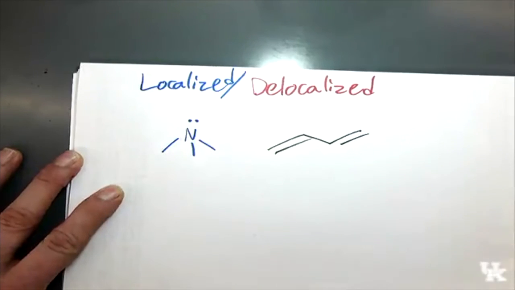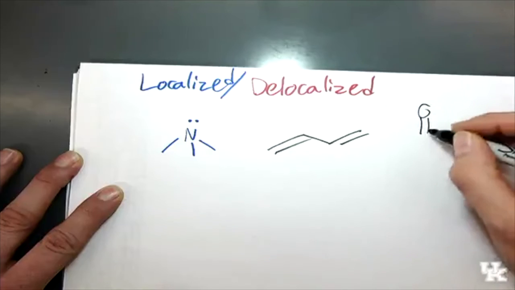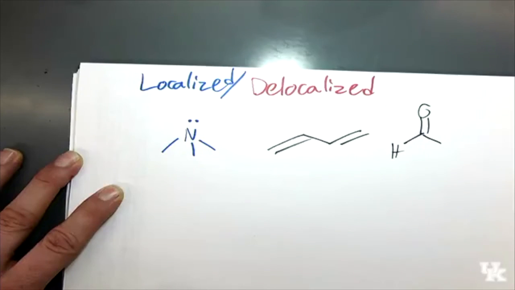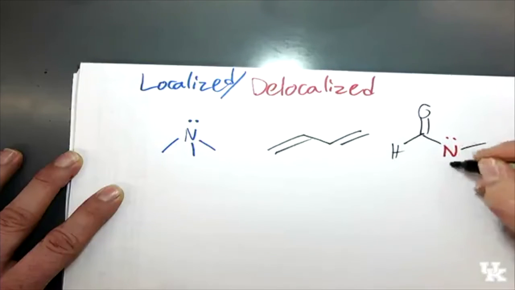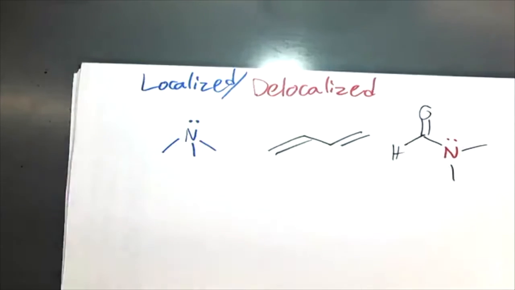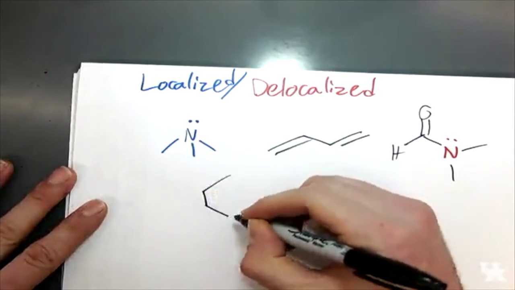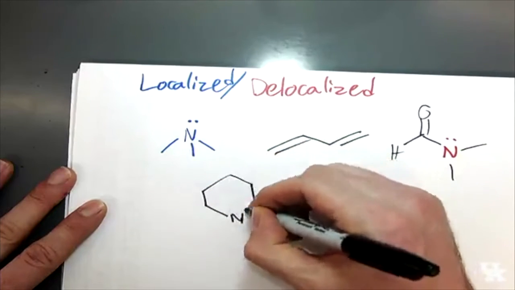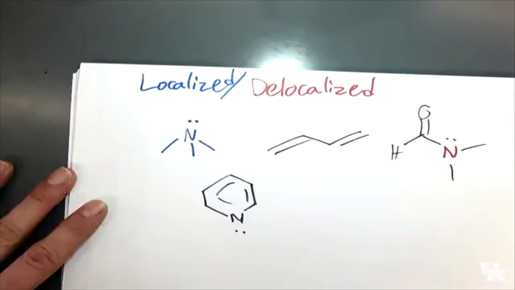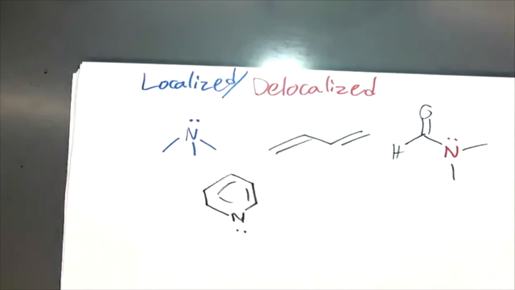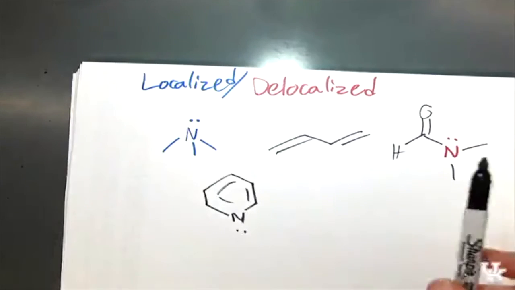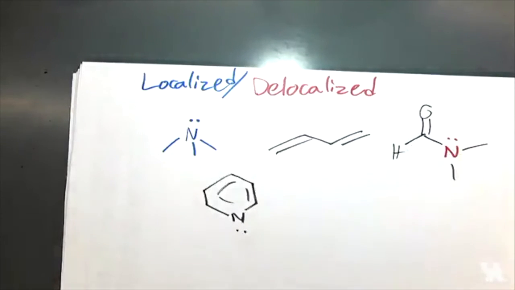I could probably just draw whatever structures I wanted up here, and without giving too much mention of them, you could probably say which pi electrons were next to each other, or were in conjugation, which ones are localized, which ones are delocalized. I could probably even make them fairly hard, and you would probably know. Because all we're talking about is conjugation, and if you can make a resonance structure, the electrons are delocalized.